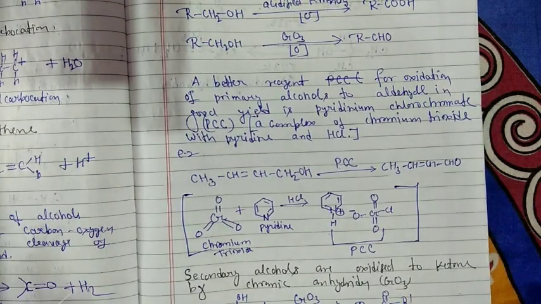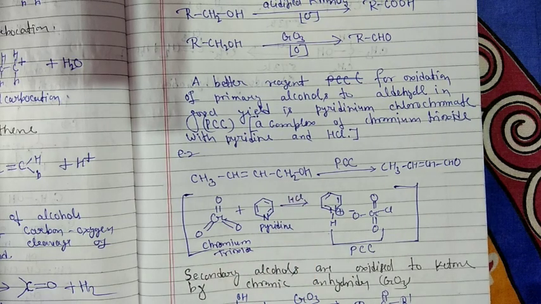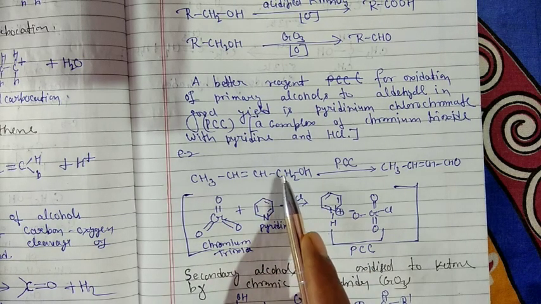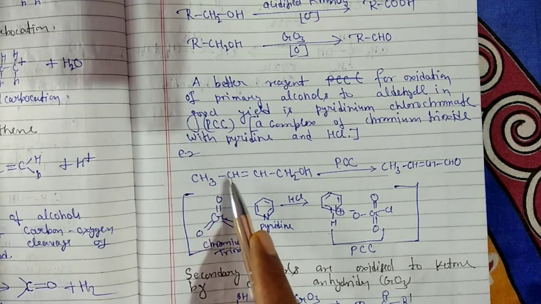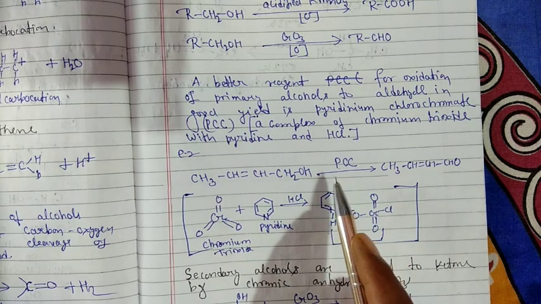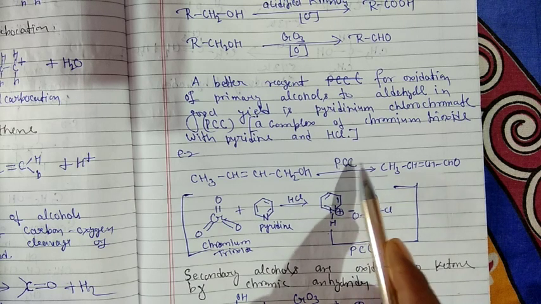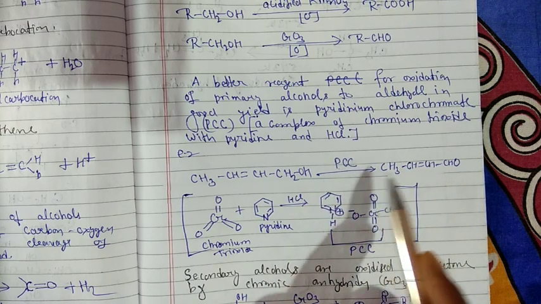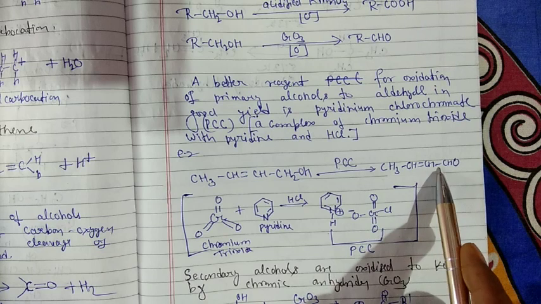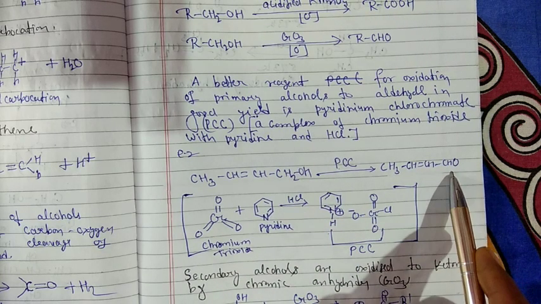Okay, students, we take an example: CH3CH=CHCH2OH, which is 2-buten-1-ol. It is treated with PCC, pyridinium chlorochromate, to form CH3CH=CHCHO, which converts the alcohol to aldehyde.